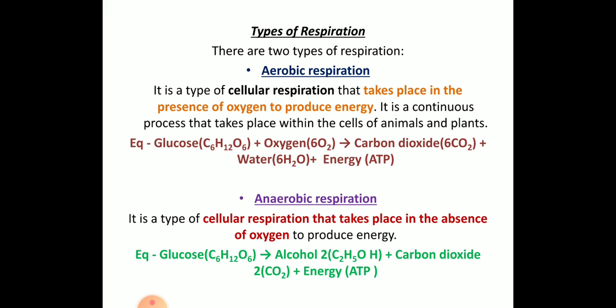Aerobic respiration is also cellular respiration that takes place in the presence of oxygen. Whereas anaerobic is the type of cellular respiration which takes place in the absence of oxygen. Here alcohol is formed, or fermentation is a step where anaerobic respiration takes place. In the example, glucose gives alcohol, carbon dioxide and energy. That is the fermentation step.